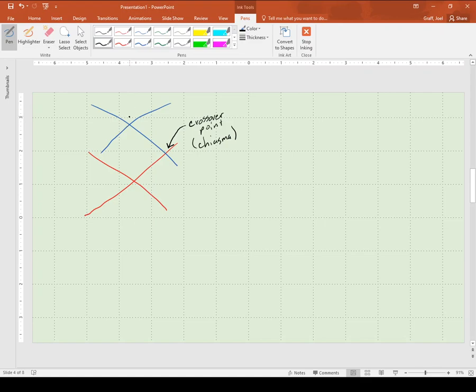Okay, so let's say the blue chromosome came from a father and the red chromosome came from a mother. What can happen is that at this point, when the microtubules grab onto the centromeres and pull them apart, you could end up with something that looks like this.